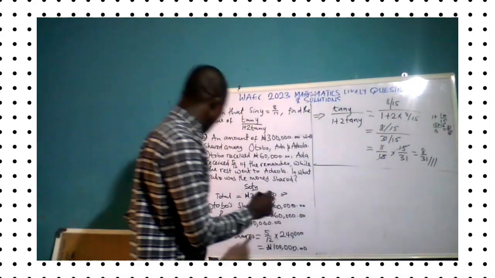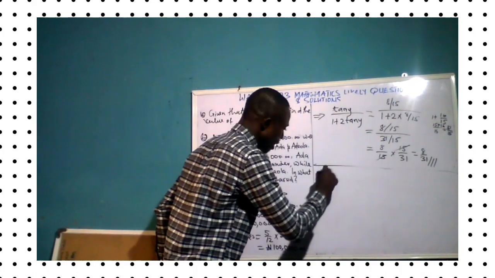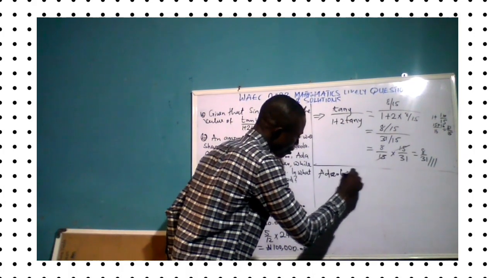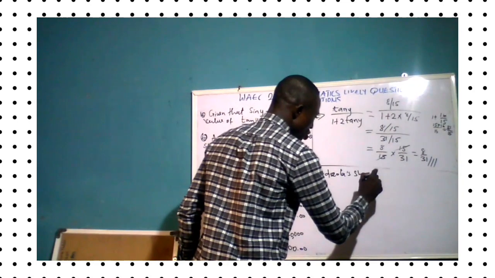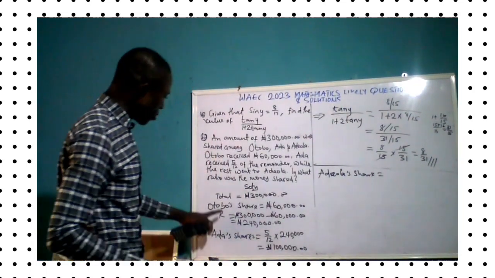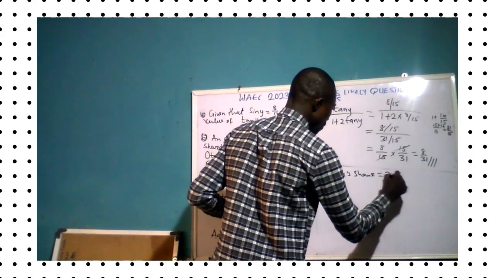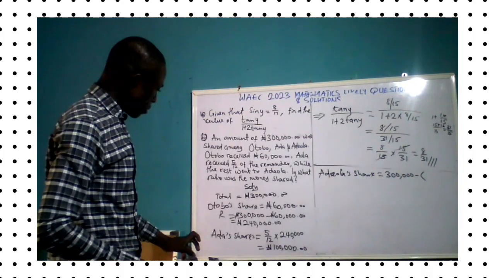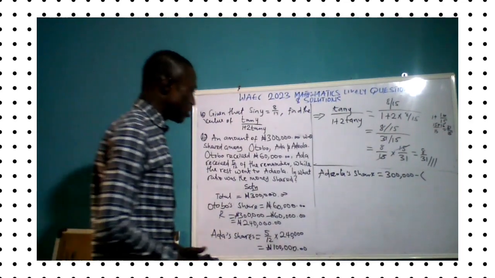So let's look at the other person's share, Adiola's share. Adiola's share will be the total amount, which is 300,000, minus the sum of Otobo's and Ada's shares.